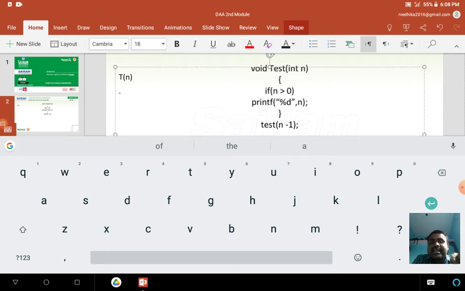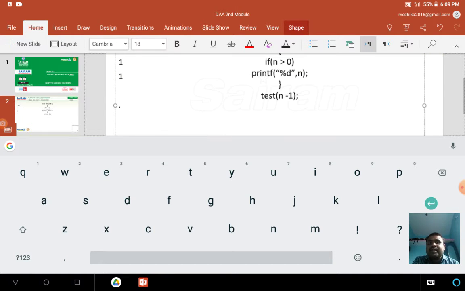Next, if n is greater than 0, it will take only 1 unit of time. Then the printf statement will also take only 1 unit of time. Test of n minus 1 will be executed, so the time taken by this statement is T of n minus 1.